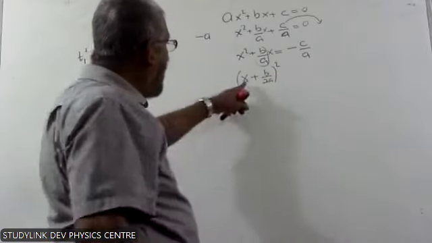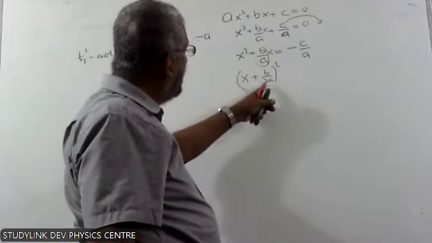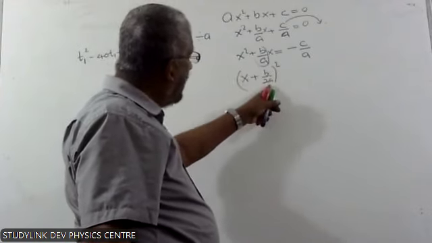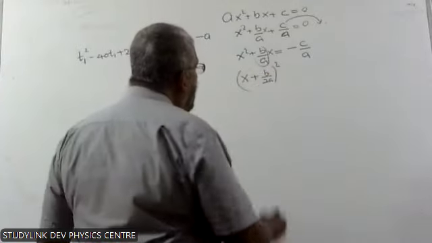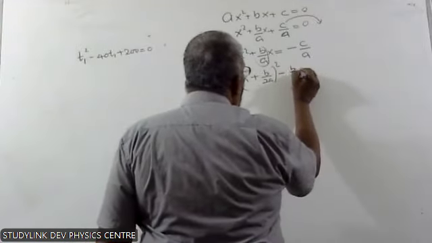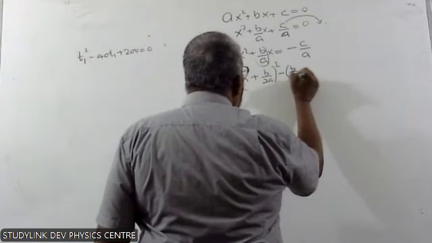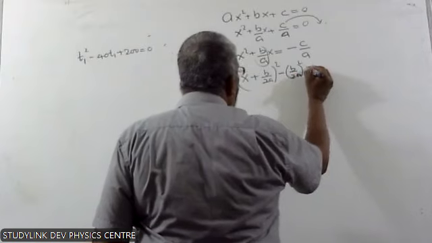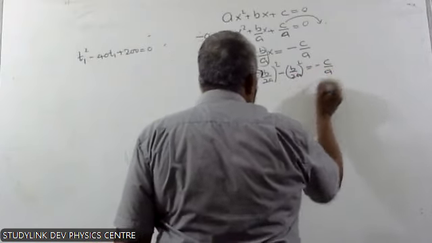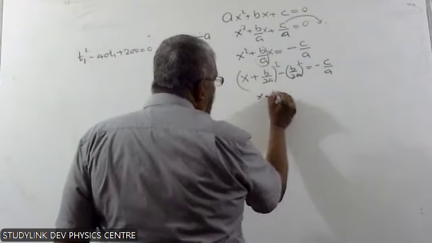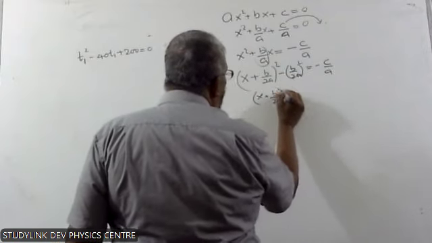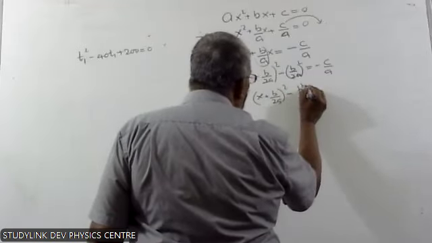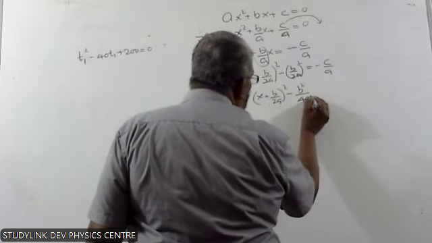Then you get x squared, 2 times of this means 2 cancels, then bx over a comes, but additionally you get b over 2a squared. So the additional value I am going to deduct. It cannot be there. Minus c over a.